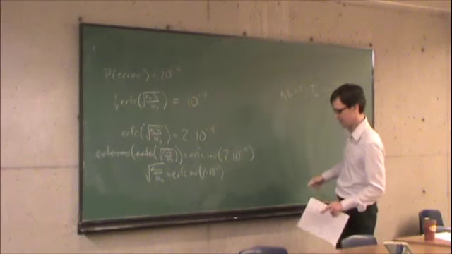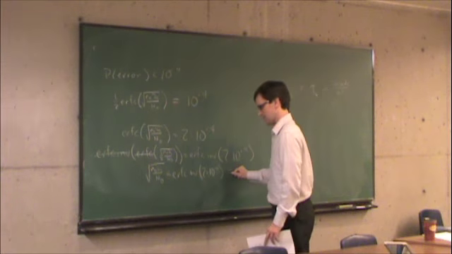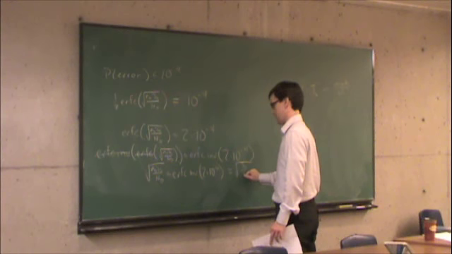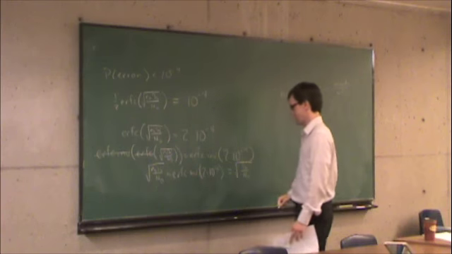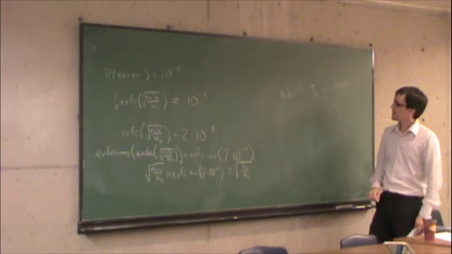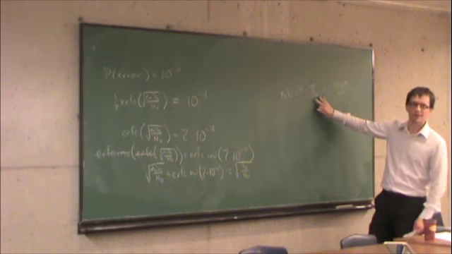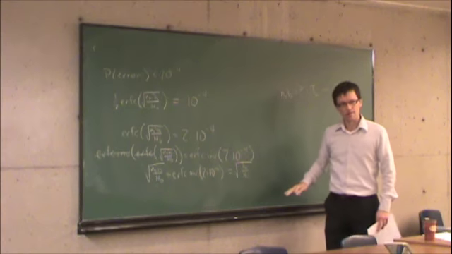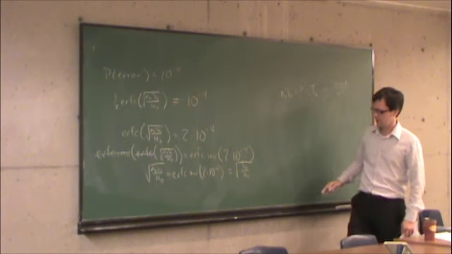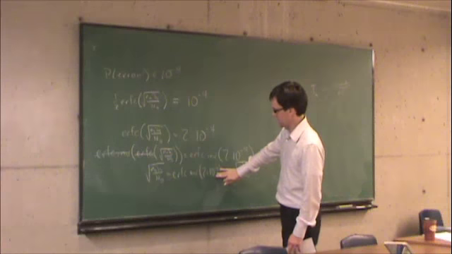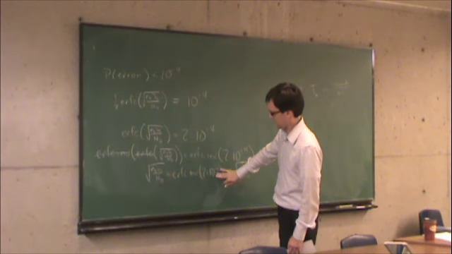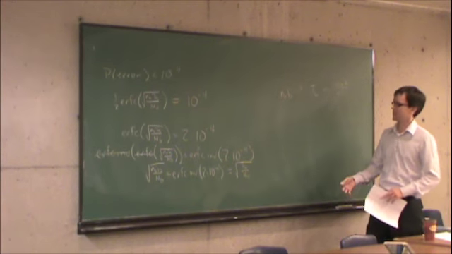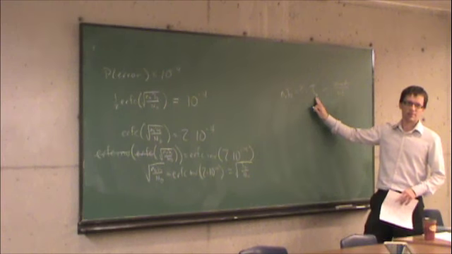So what you're really adjusting is T_B, the time per bit. And if T_B increases, then probability of error will go down. So if you can't satisfy a probability of error criterion with your current system, basically what you'll do is increase T_B.